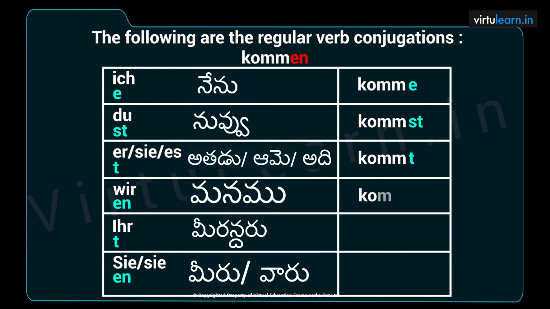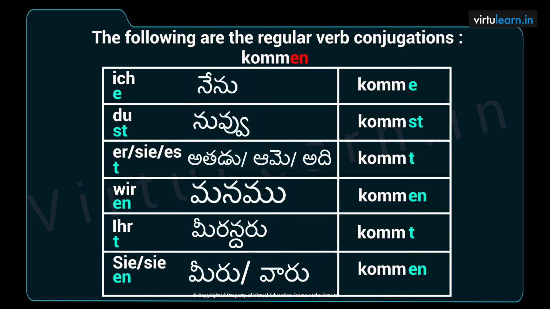Wir kommen, ihr kommt, sie kommen. One thing to observe here or to notice: wir and sie, the plurals, are friends for life with the infinitive verb, that is the main verb.